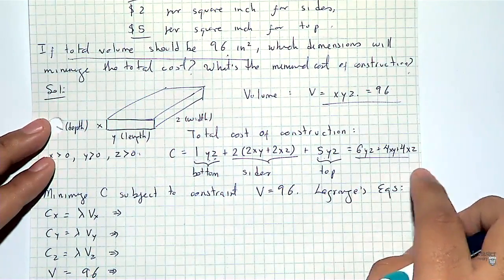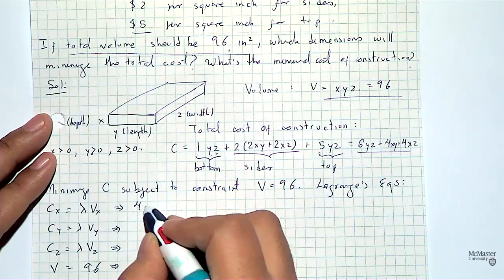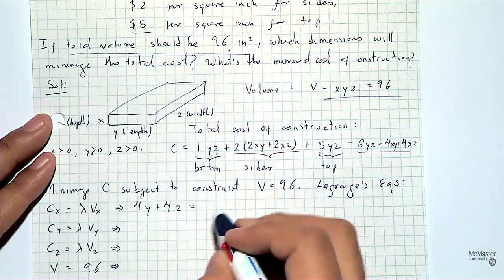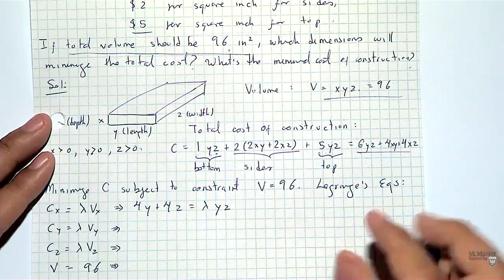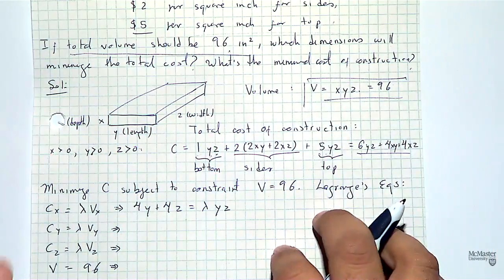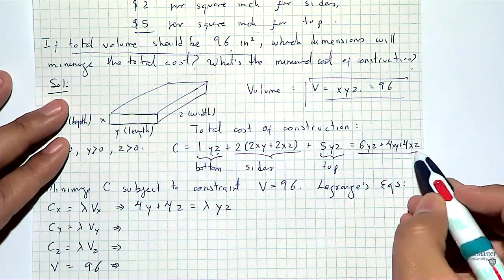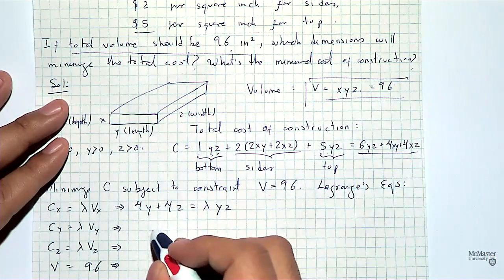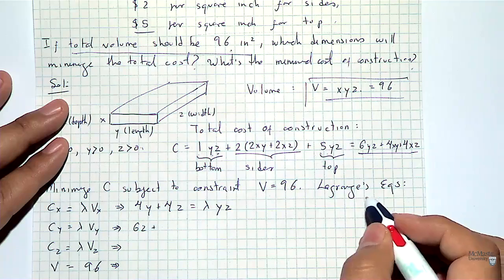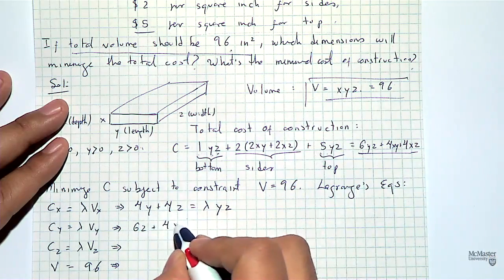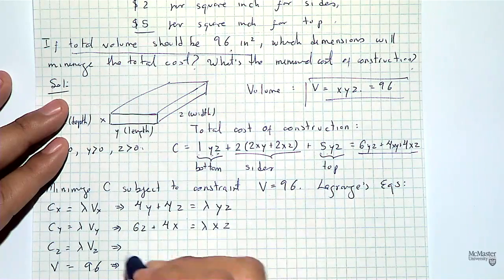Now I basically have to keep track of where this is. So if I take the partial derivative with respect to x, you have 4y plus 4z equal to lambda yz. Remember that b is xyz. Then you have cy: 6z plus 4x equal to lambda xz.